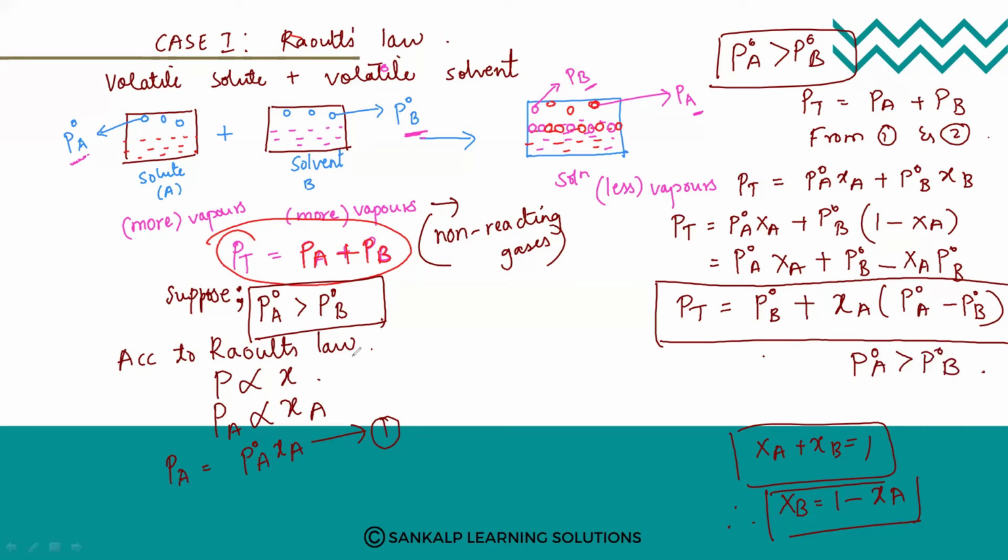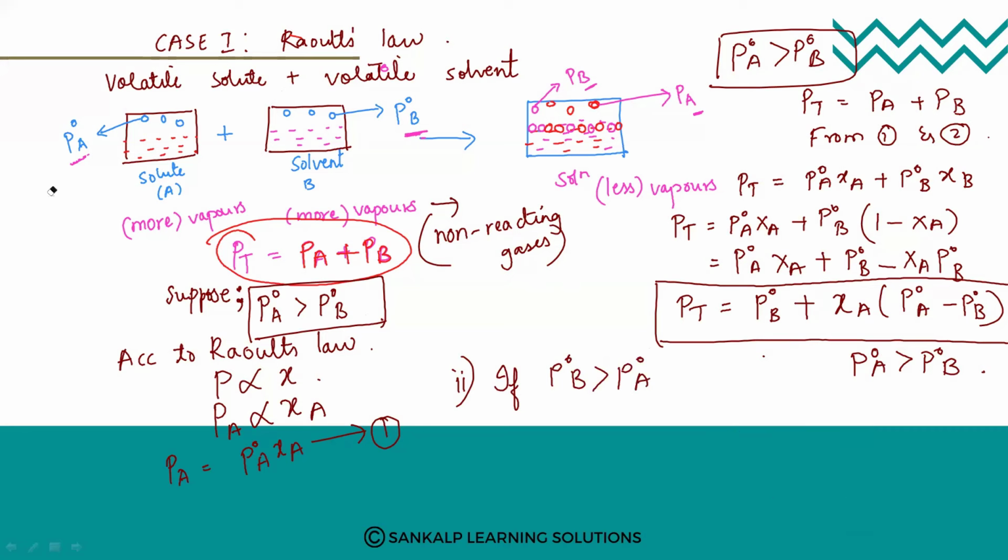Similarly, if I consider P naught of B greater than P naught of A, then what will be the condition? You have to follow the same procedure.